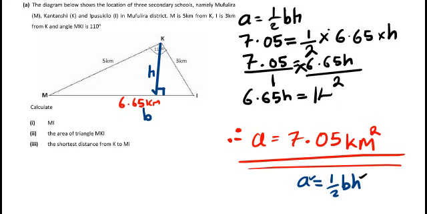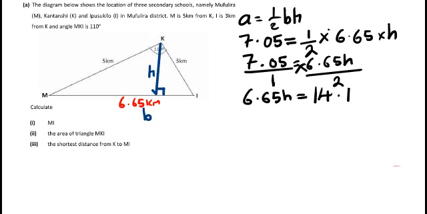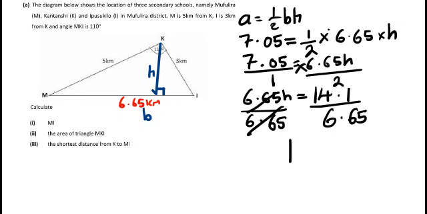You are going to get 14.1. And then what you do, you just say over 6.65, even here 6.65. You divide, you're going to remain with h equal to 14.1 divided by 6.65. We are going to get 2.120030075. Therefore, you correct to three significant figures.